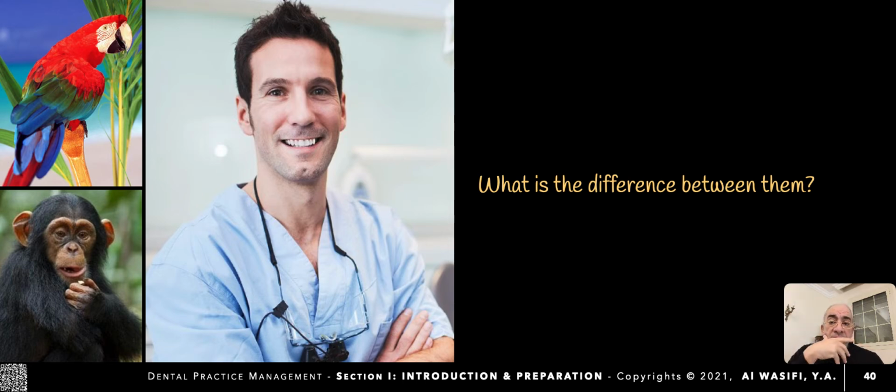If you train your parrot to repeat a statement in English, it will repeat it without understanding that this is English or what it means. The same if you train it to repeat a statement in Arabic or Indian or whatever the language, it will repeat it exactly the same without differentiating the language or understanding the meaning.